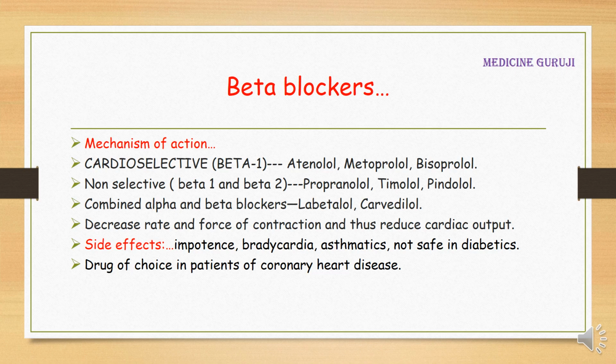Students of MBBS and MD try to learn the cardioselectivity and non-selectivity and combine alpha and beta blockers like labetalol and carvedilol. They decrease rate and force of contraction and thus reduce cardiac output.